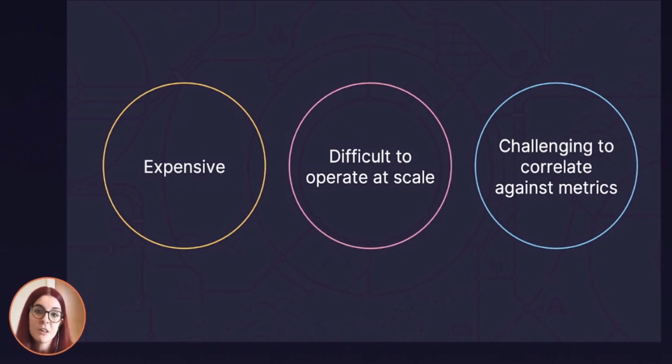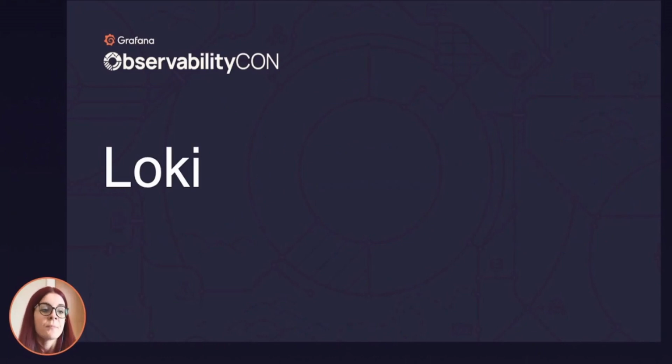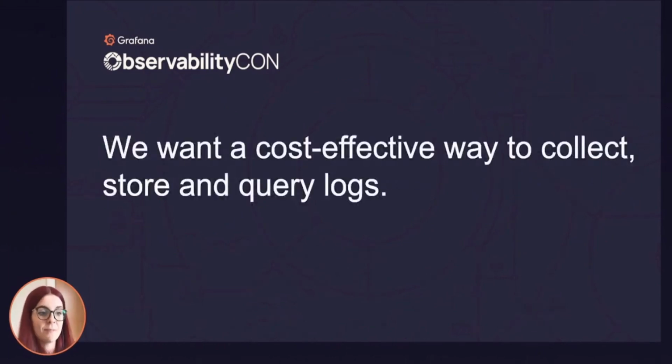They don't integrate often with our existing observability stack. They are difficult to operate at scale, meaning they are difficult to operate in a distributed environment. And then lastly, they are challenging to correlate against your existing metrics. If they don't integrate in your existing observability stack, you will have to make the connection manually a lot of times.